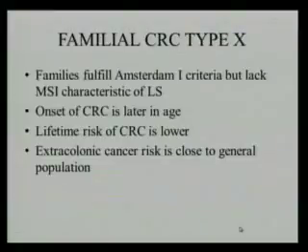So we call it familial colorectal cancer type X. The onset of colorectal cancer is later in age, the lifetime risk is lower compared to people with Lynch syndrome, and they rarely have any extracolonic cancer. Actually, they fall into the same risk as the general population.